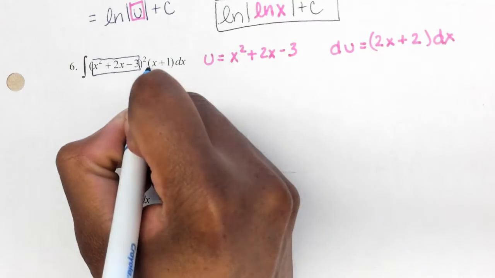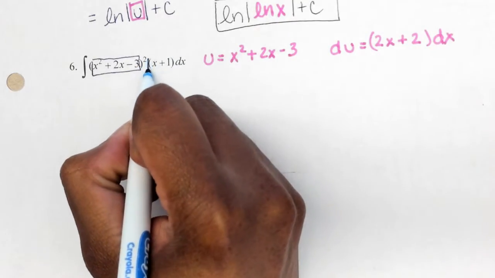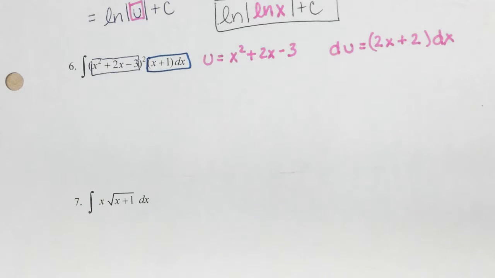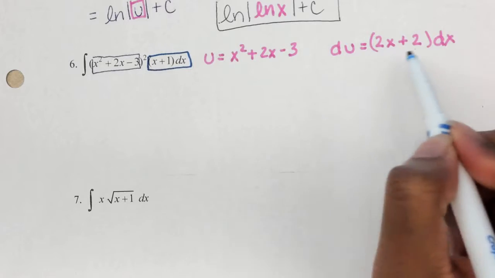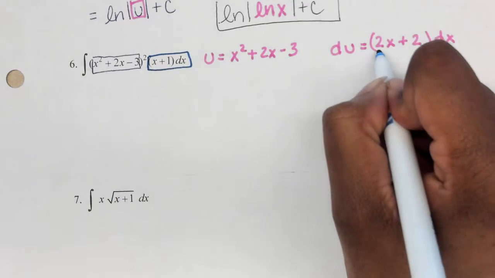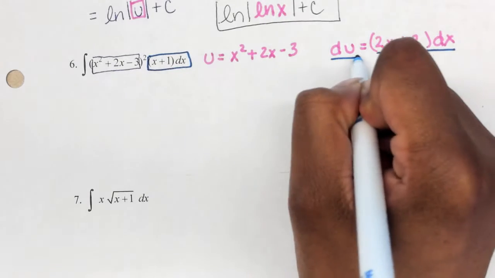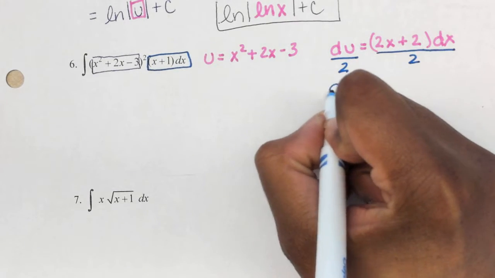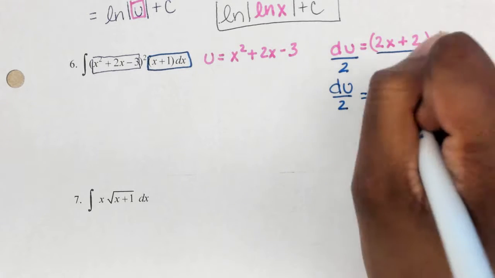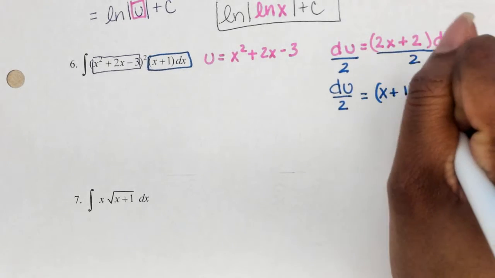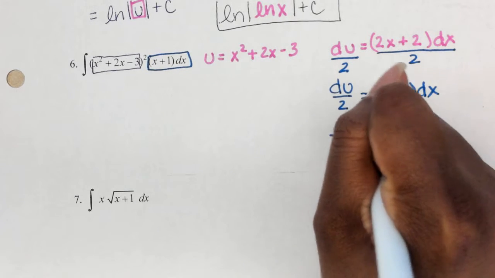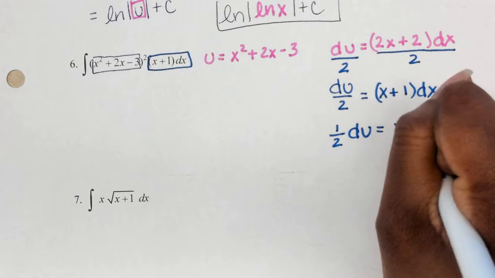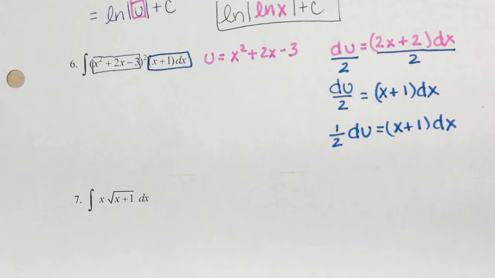And if I look very closely at my antiderivative, if I can find something that can equal x plus 1 dx, that would be really helpful. So the way that I can make this equal to x plus 1 is just dividing it by 2. So du over 2 is equal to x plus 1 dx. So 1/2 du is the same as x plus 1 dx.